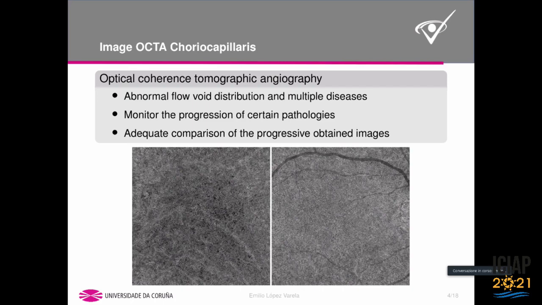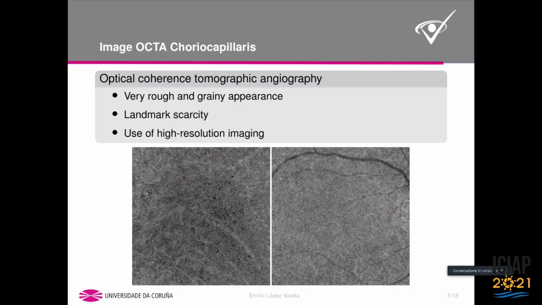The problem is that this type of image has many local deformations and inconsistencies when these images are captured over long time periods of weeks or months, which are typical during monitoring of a disease or a treatment. This greatly affects comparing the distribution of flow voids over time. Furthermore, this also implies that a pixel-to-pixel comparison of the images is unapproachable unless these inconsistencies are corrected.